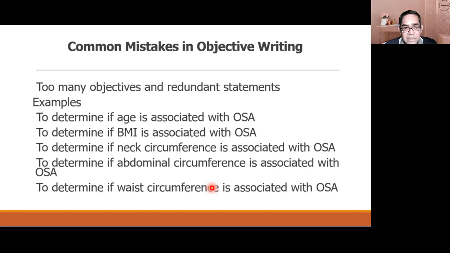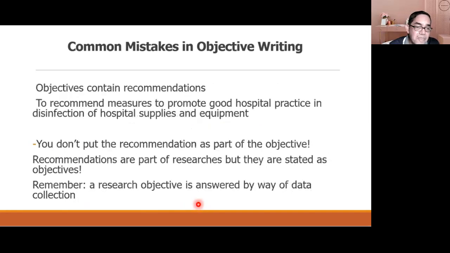You see, you can make just one specific objective for this: to determine if demographic characteristics and anthropometric measurements are associated with OSA. So in terms of age, BMI, neck circumference, or waist circumference, just make that statement as one specific objective.